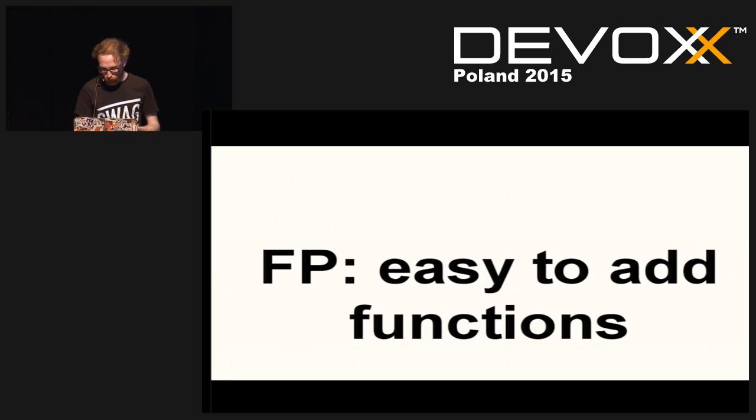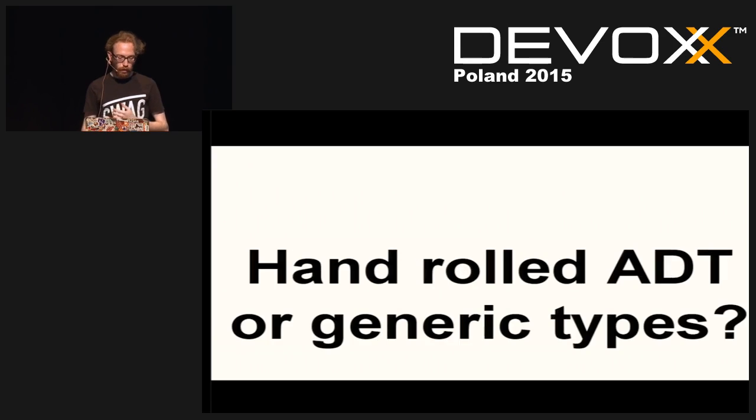Okay, so another question which arises when you are creating your types is whether you should use generic types like tuples or stuff like that, or should you always use precisely defined types like a case class for everything? I don't have a definite answer on that. My answer would be to use your best judgment.